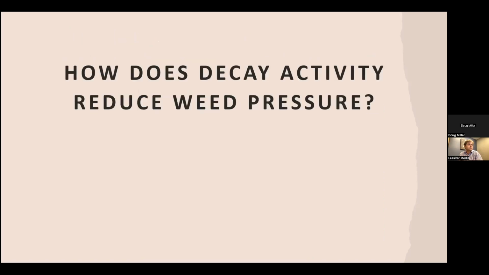One of the biggest issues we've noticed over time, and it first happened on our farm, you can decay weed seeds. They're crop residue just like stalks and cobs and leaves. And over time, it is possible to reduce weed pressure through an active decay program.